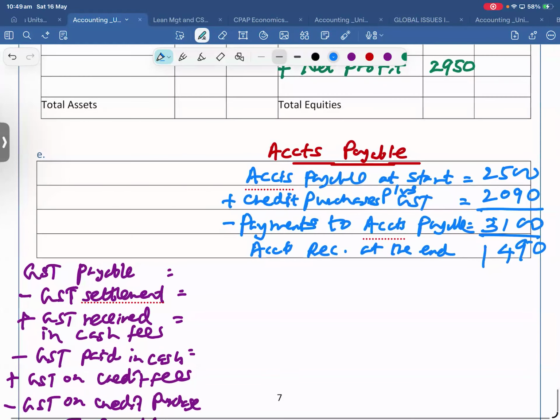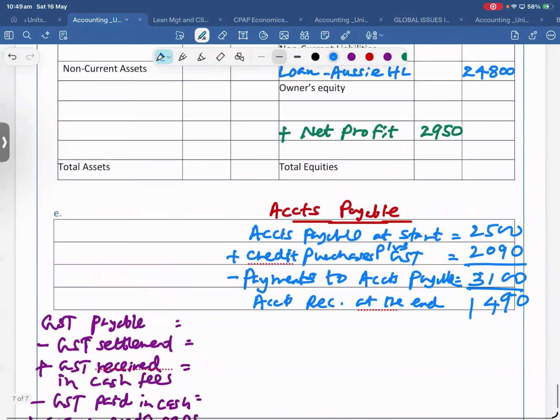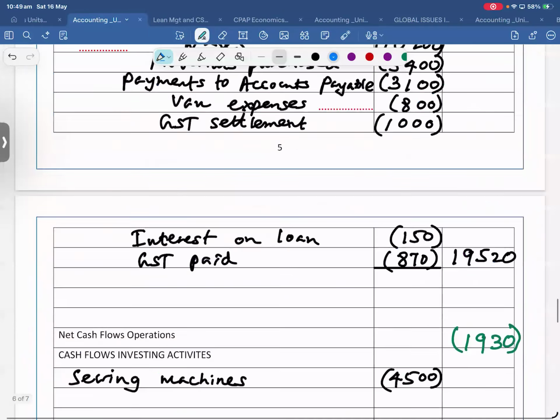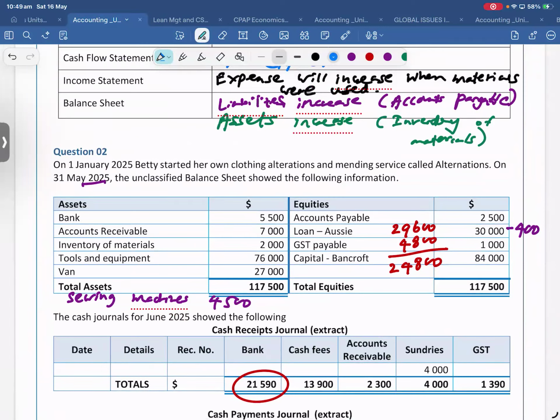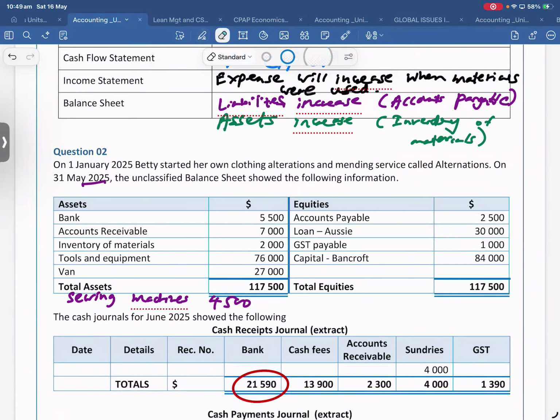Right. So we have GST payable, which is at the beginning of the period, 1,000.